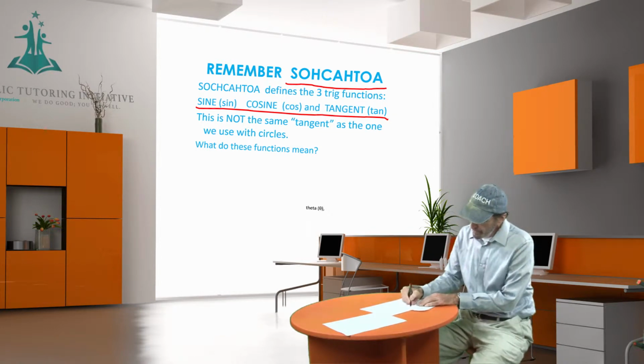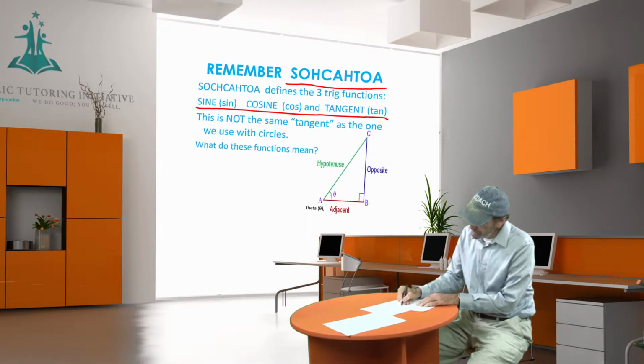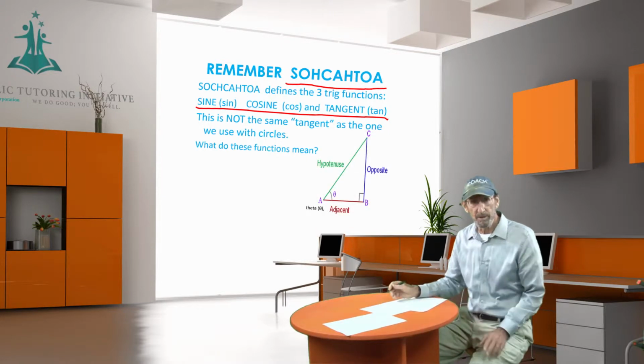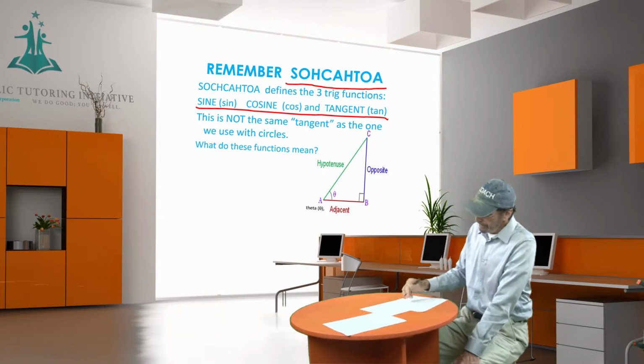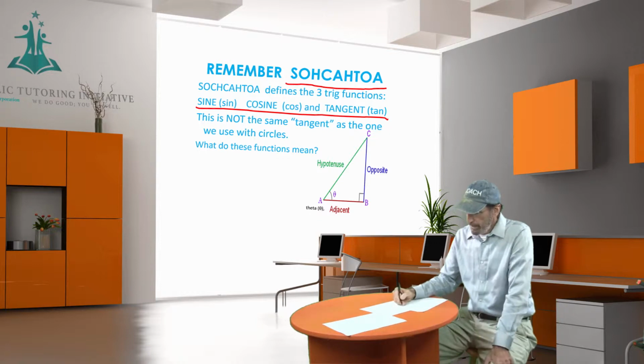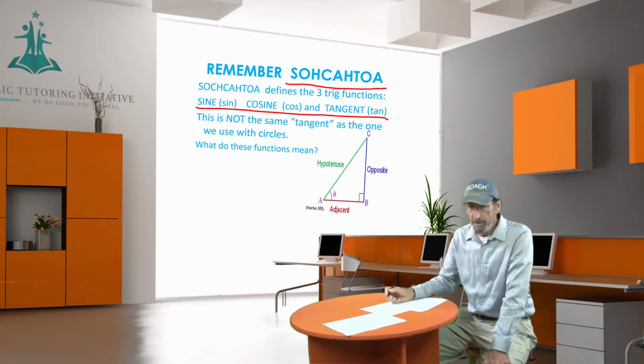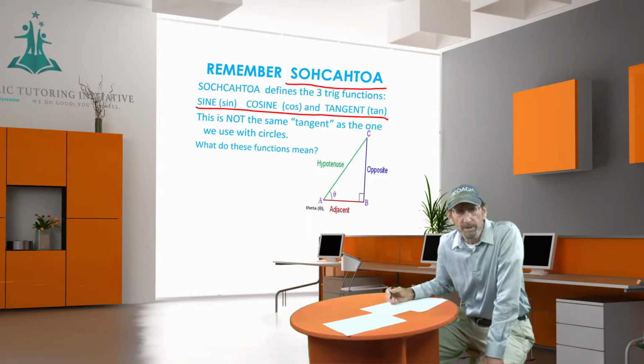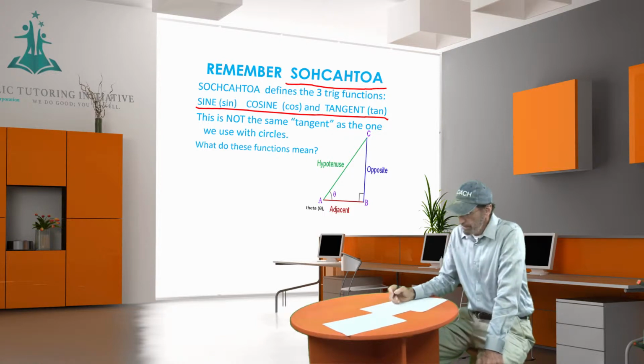Well, if we have a triangle and an angle which is always denoted theta, which is a Greek letter. This is a right triangle, so we know that the side opposite the right angle is called the hypotenuse. That's the H in SOHCAHTOA.